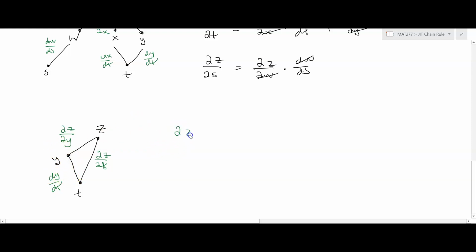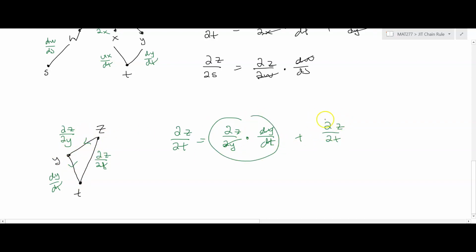Okay, so to get dz dt, there are two ways to get there. There's via y, so that will be dz dy times dy dt. So look at the units there. And there will be that direct link, dz dt. And so we have this term right here, which corresponds to going this route.